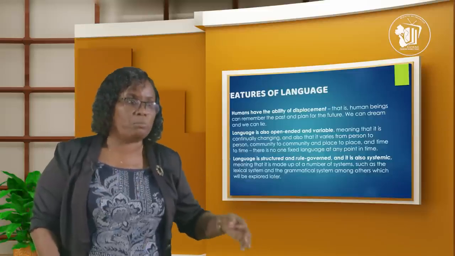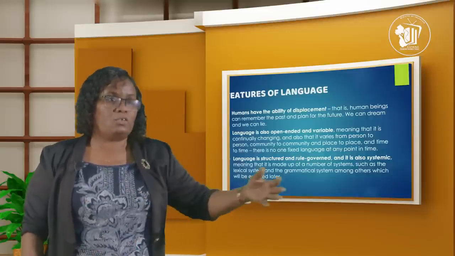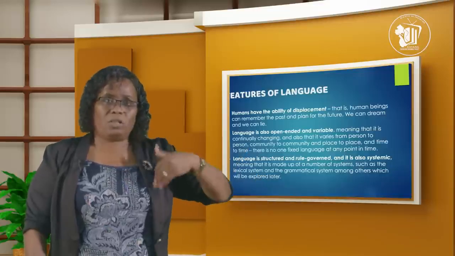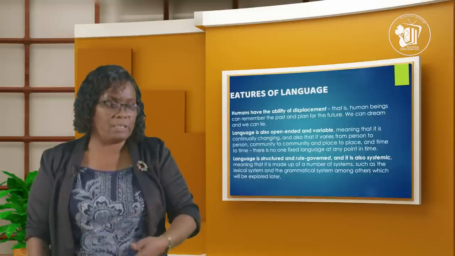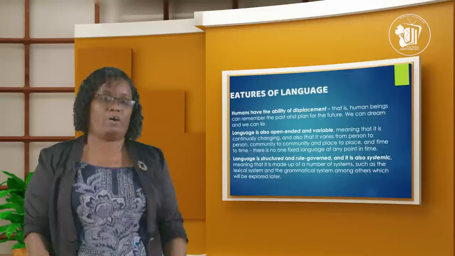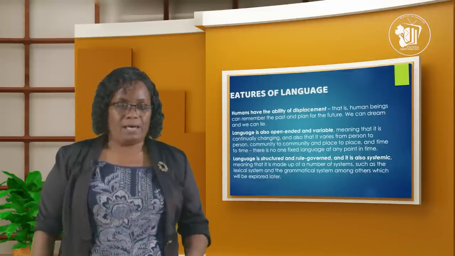And even now, some of those words that we used long ago, you probably don't even find them in a dictionary. And the thing is, the older generation finds it harder to communicate with the younger generation because of the open-ended nature of language. All right, the last one.